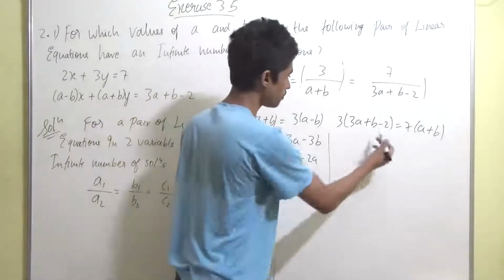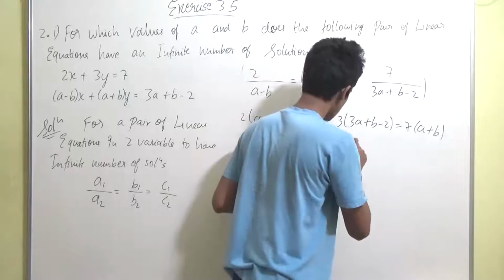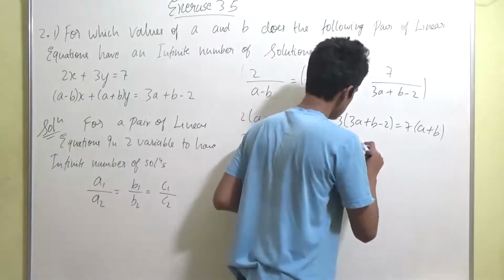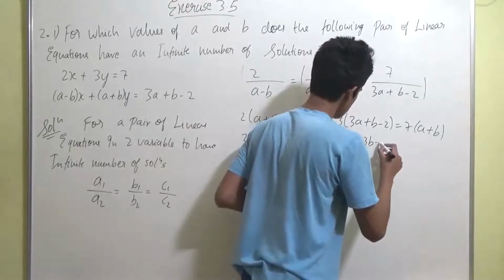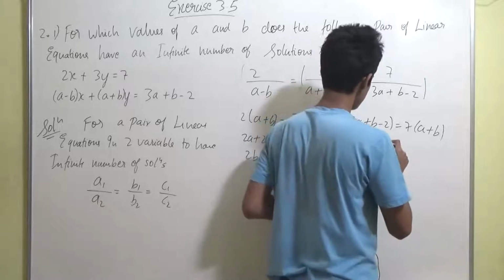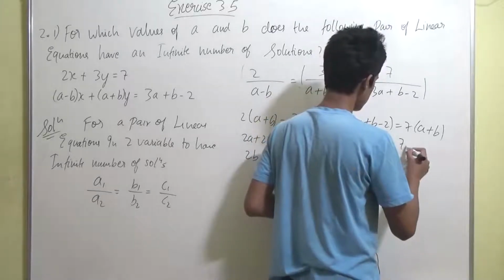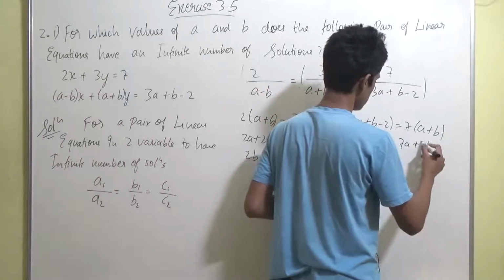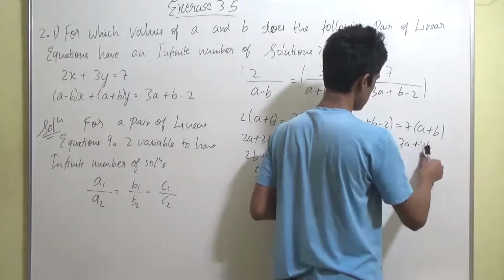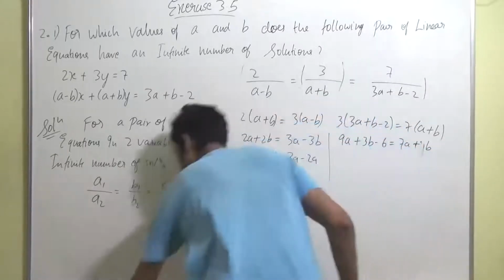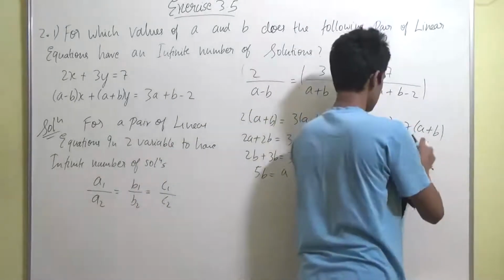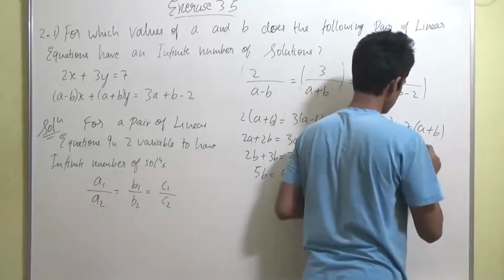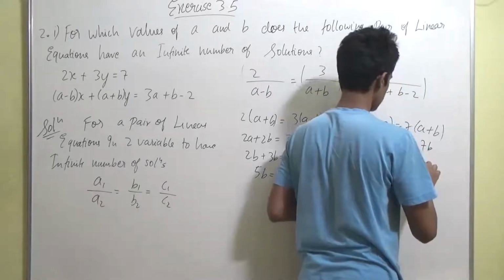Let's do this simplification. It's going to become like 9a plus 3b minus 6 equal to 7a plus 7b.